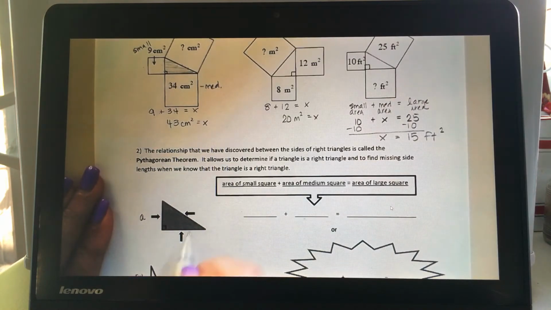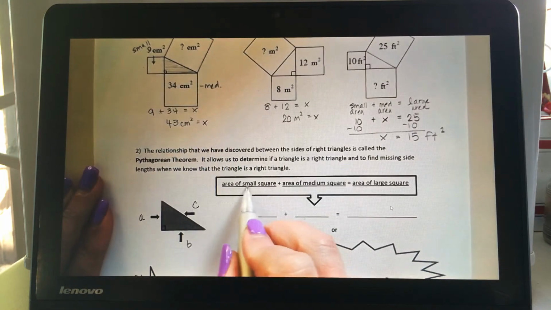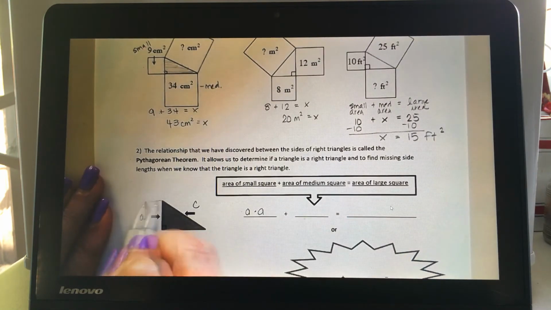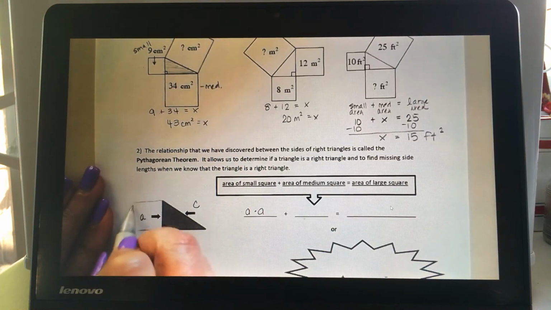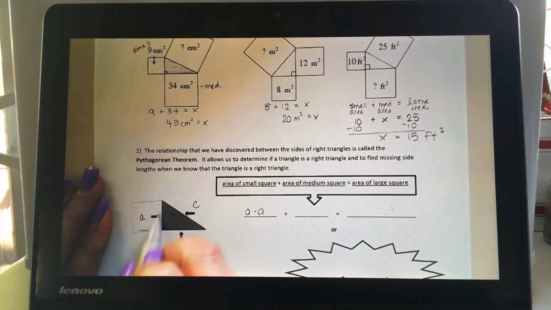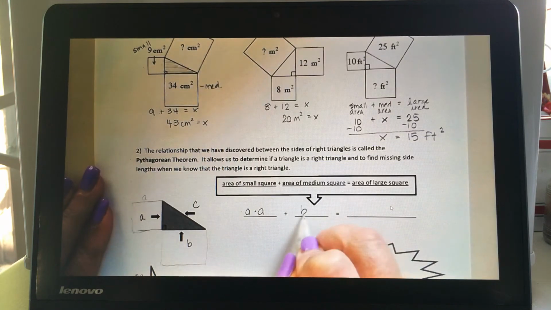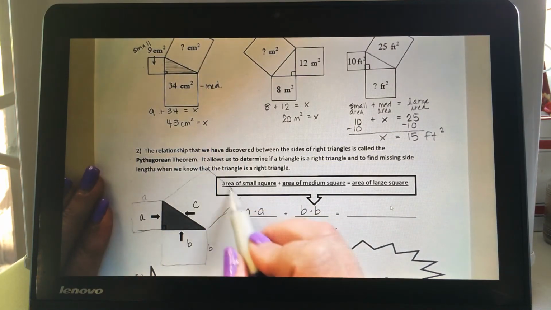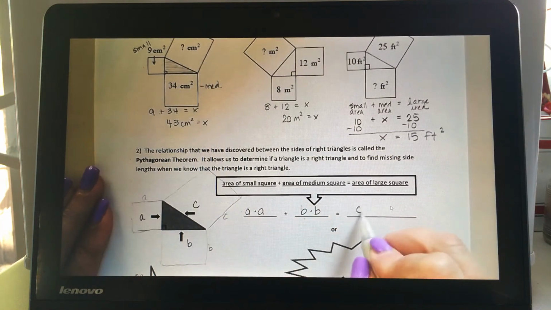And we'll call this medium side B and this large side C. The area of the small square, so that's A times A. Again, we would think about drawing out our squares here so that we would have A times A. And then B, again, we can kind of think about drawing a square out from there, B times B. And then from our largest side, C times C.